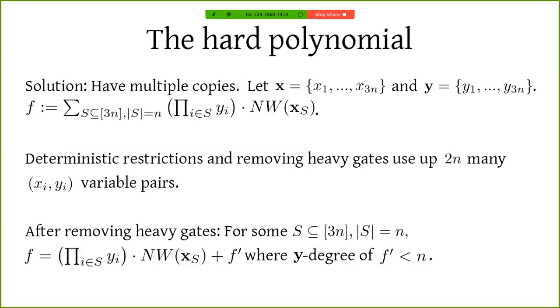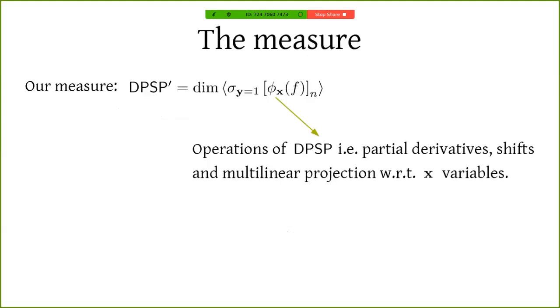So if we are able to remove f prime and the prefix in y variables from the polynomial f and then apply the DPSP measure to it, we would have a large lower bound on the measure of the hard polynomial. The way we do this is by augmenting the DPSP measure by adding 2 extra operations to it. Let me call the measure that we use the DPSP prime measure. It contains all the operations of the DPSP measure, that is, the partial derivatives, shifts, and multilinear projections.